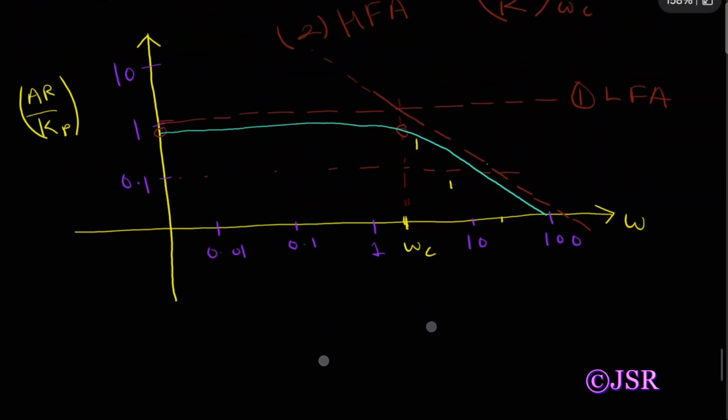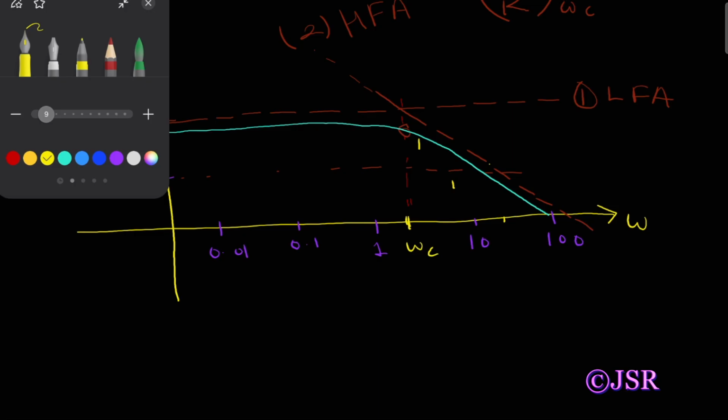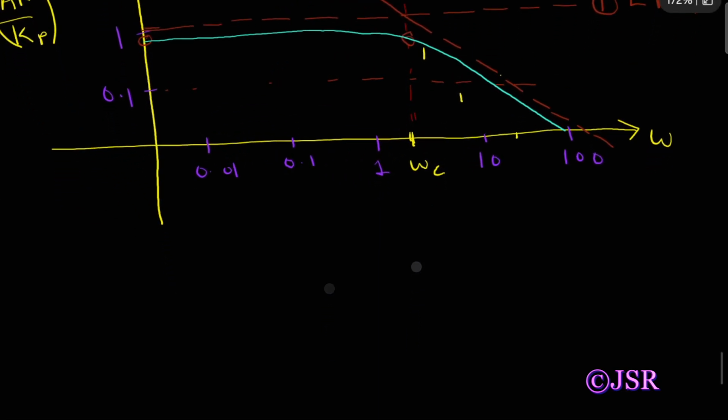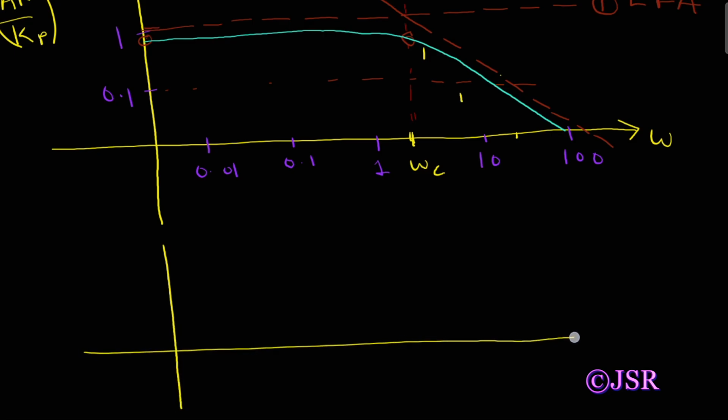Similarly, to plot the phase plot, this is omega and this is, let's say, phi. So when omega equal to 0, we will have the low frequency asymptote at 0 degree. So this will be your low frequency asymptote.